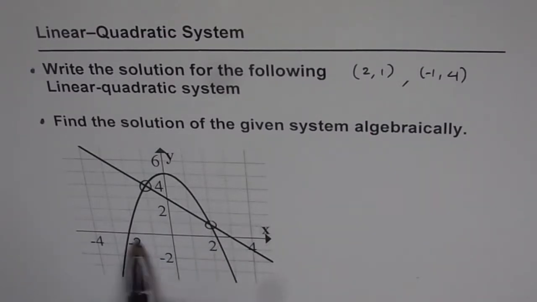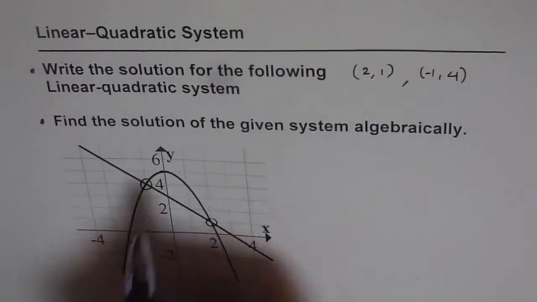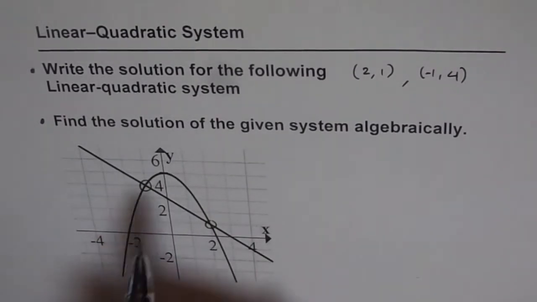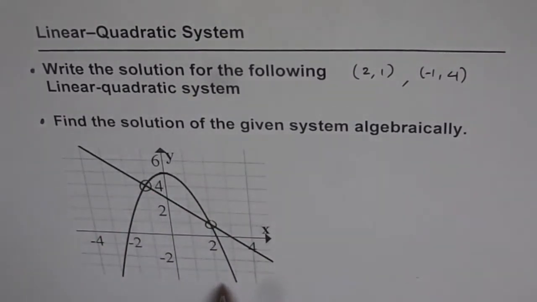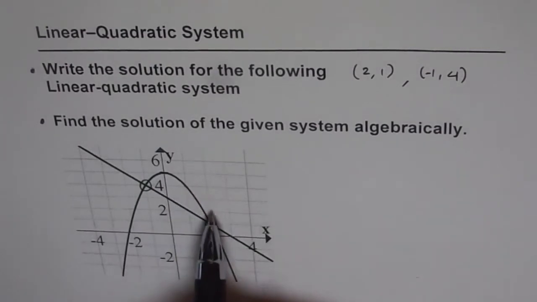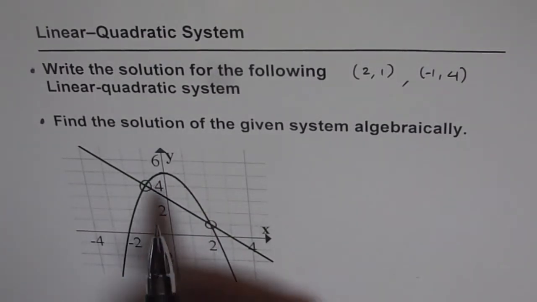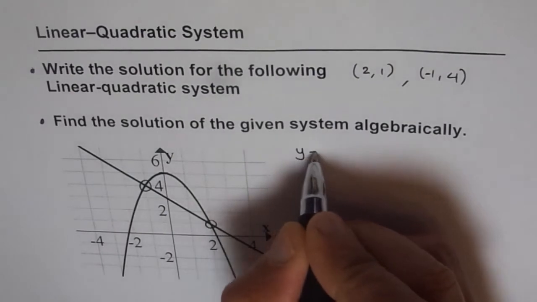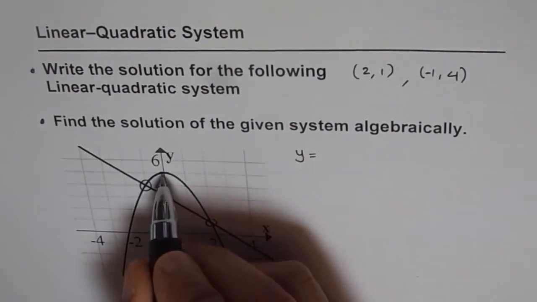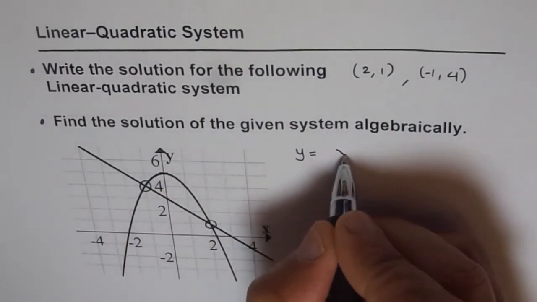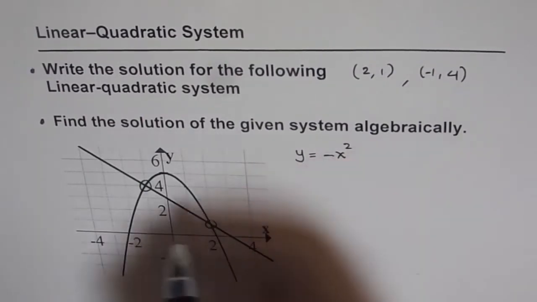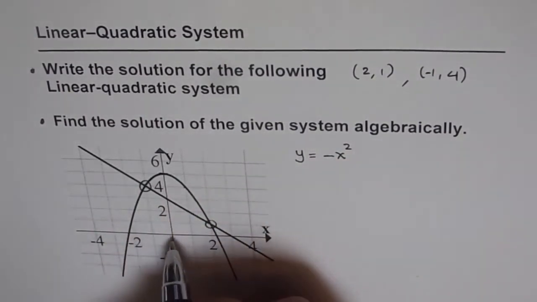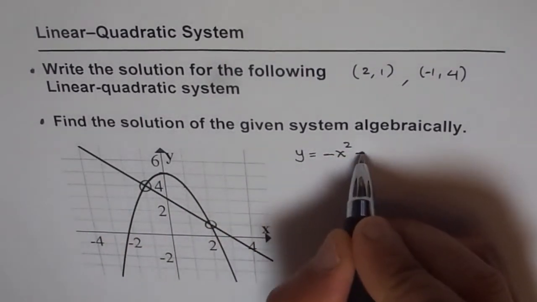Since the parabola has a y-intercept at 5 and is opening downwards, and the step pattern is 1, 3, it means a is 1, right? So from this vertex, which is at (0, 5), you can get the equation of the parabola, and I can write the parabola as y equals negative x squared plus 5. It is x squared with a negative sign since it opens downwards and has been moved 5 units up.